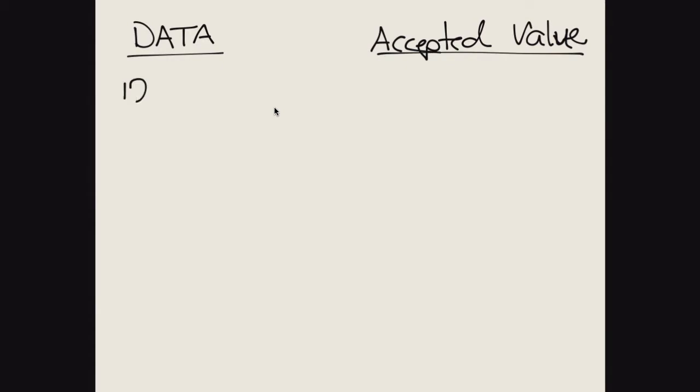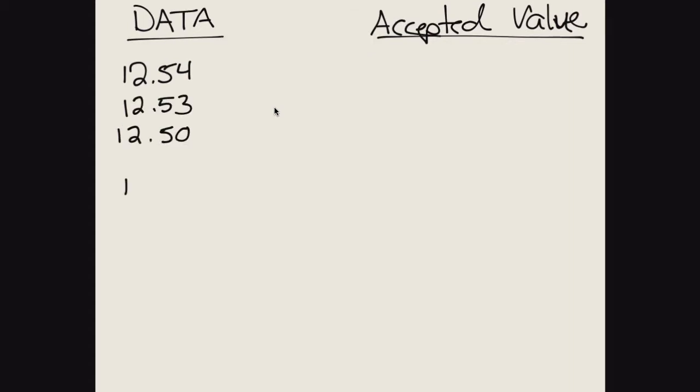Okay, so this is what we have. Let's say that we're dealing with 12.54, 12.53, 12.50. And there's something called a tolerance. That's how far off these numbers can be. And the tolerance is plus or minus 1.0.